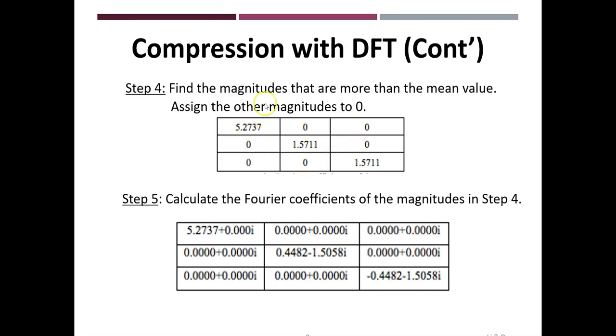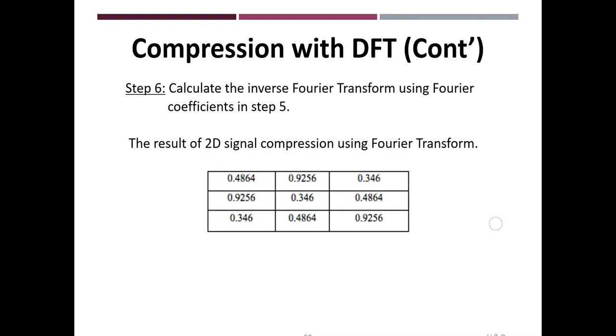Based on this, in step 5 we again calculate the Fourier coefficients of the magnitudes from step 4. When we calculate the Fourier coefficients, of course we get values based on the real plus imaginary values. Next, step 6, we calculate the inverse Fourier transform using the Fourier coefficients from step 5.